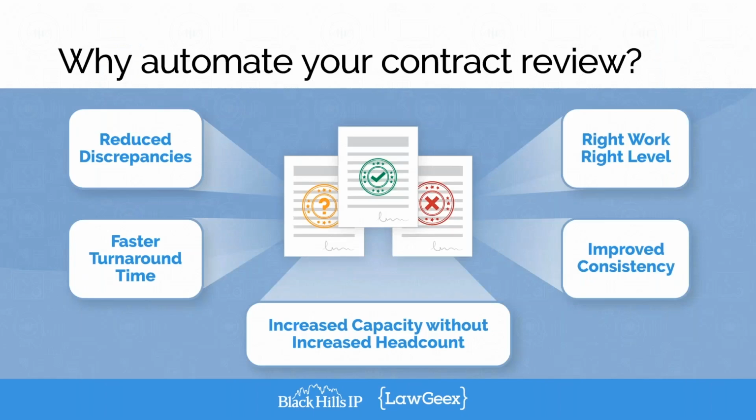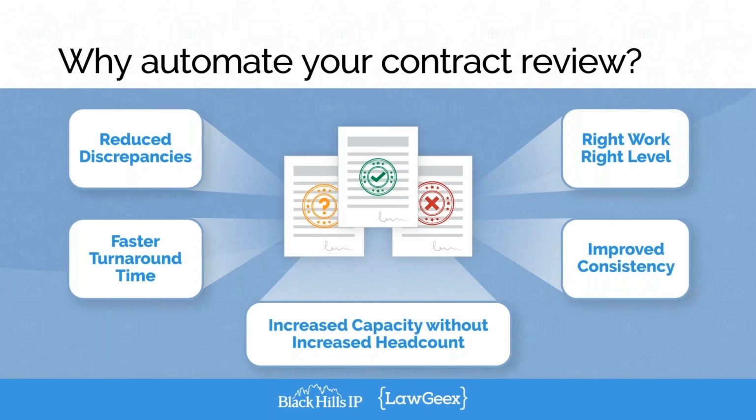Now, there's a whole range of reasons why you'd want to do this. Just to start off with, you're dramatically reducing discrepancies. As I'm sure you know, if you send the same contract to two lawyers at the same time, you're going to get different reviews back. You could even send it to the same lawyer, one at 10 o'clock on a Monday morning and one at 4 o'clock on a Friday afternoon, and get completely different results. So we're reducing the amount of discrepancies by using automation and AI.